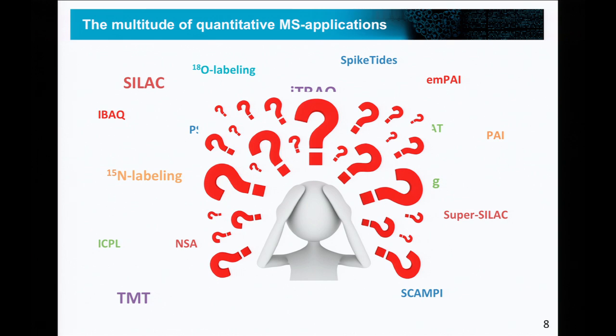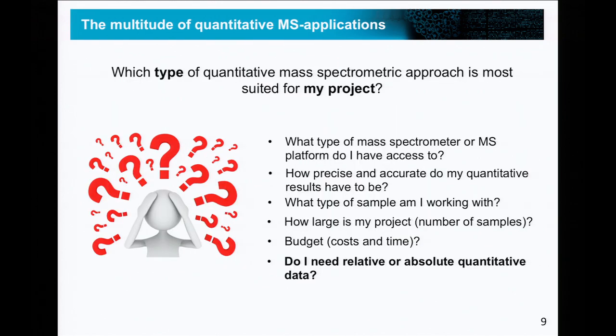But there are a few questions that you can ask yourself and that will define which is the appropriate technique for a given project. And these questions include, for example, to what type of mass spectrometer or mass spectrometric platform will you have access to, as this will define the mass spectrometry that you can do. Another question is how precise and accurate do your quantitative results have to be?